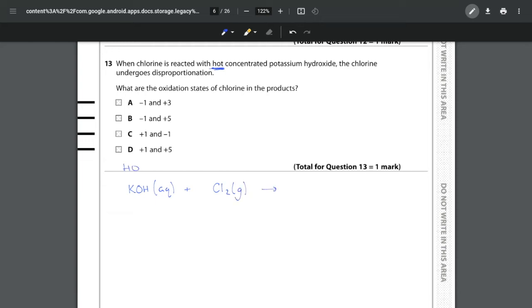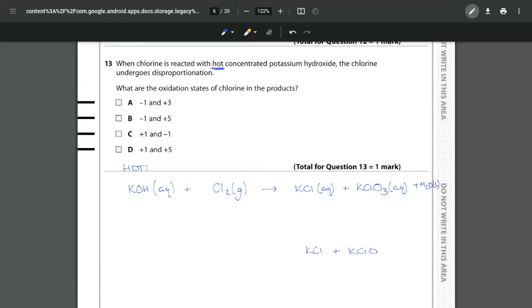And when it is in hot concentrated potassium hydroxide, we're going to make KCl, which is aqueous, plus KClO3, which is also aqueous, plus our water. And if it was cold, we would be making KCl plus KClO. Okay, so we're getting a difference in those substances there.